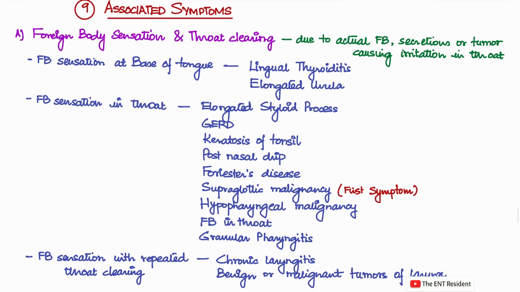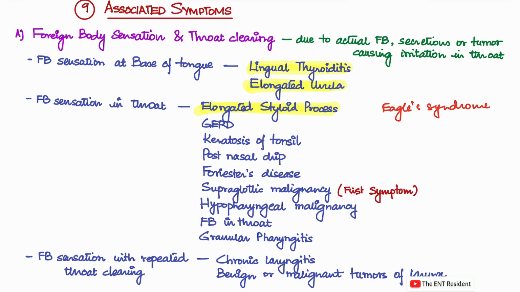So, if you find a foreign body sensation at the base of the tongue, you could suspect lingual thyroiditis or an elongated uvula. A foreign body sensation in the throat can have a lot of causes, like an elongated styloid process. A very common name of a syndrome where you see elongated styloid process is the Eagle syndrome.